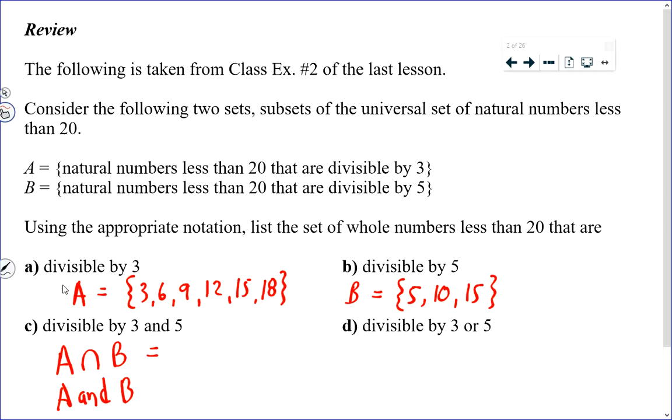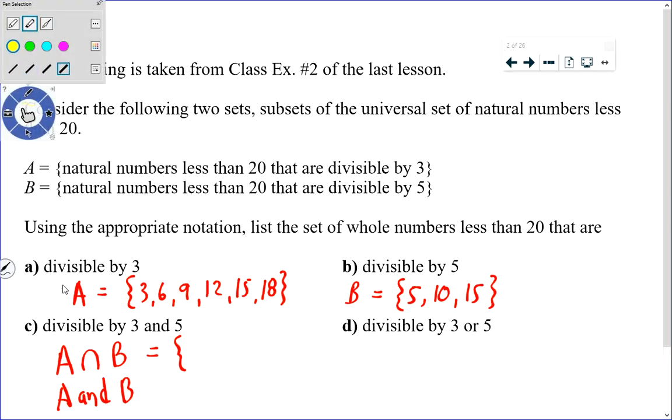This is the set of numbers that are in both set A and set B. When you look at set A and set B, there's only one number that's in both sets. 15 is the only number in set A and set B. So the intersection of A and B is the set that includes the number 15, and that's it.